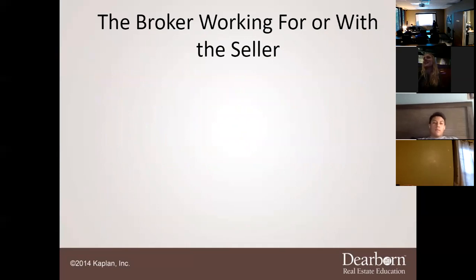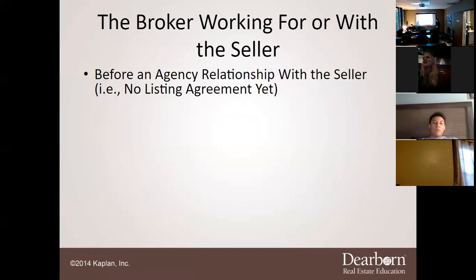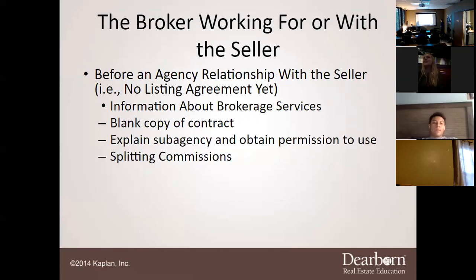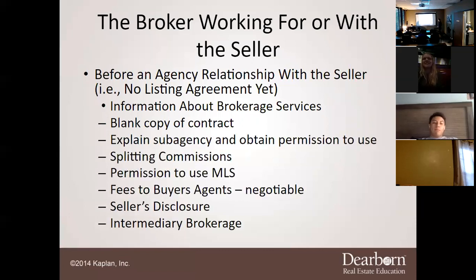The broker working for or with the seller, continued. This is before an agency relationship has even started. You gotta do all of this before we have even signed a listing agreement or a buyer's rep agreement. I gotta get them the IABS form. I gotta give them a blank copy of the contract.